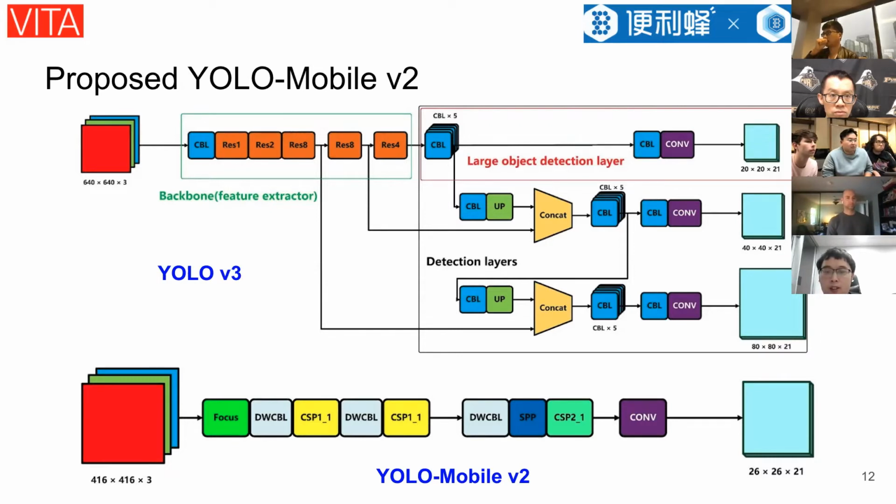We also introduce Focus, SPP and CSP modules from YOLO 5 to increase the accuracy of the proposed model. We also change the convolution layers to depth-wise convolution layers in this model to reduce the parameters and FLOPs. Also, we decrease the channel numbers of convolution layers by half, and the input images are resized to 416.